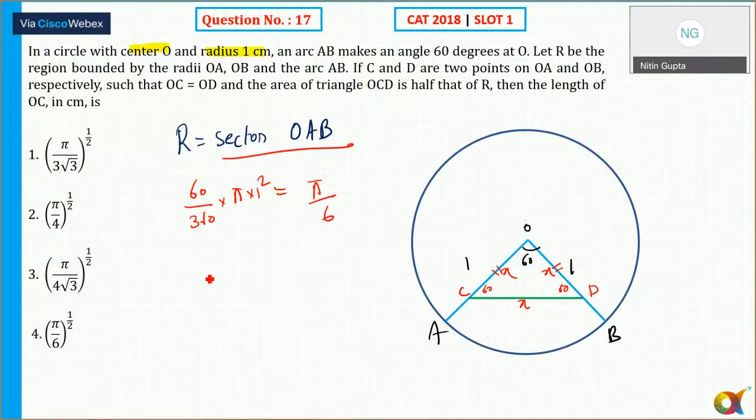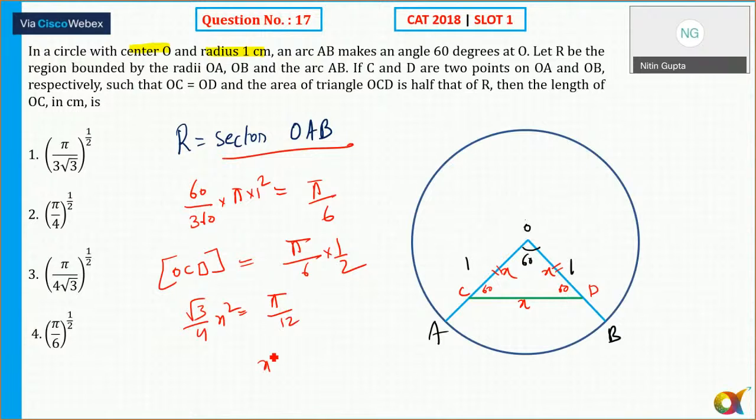So the area of triangle OCD is equal to half of the sector, that is pi by 12, pi by 6 into 1 by 2. And since it's an equilateral triangle, root 3 by 4 x square is equal to pi by 12. So x square is equal to pi by 3 root 3.